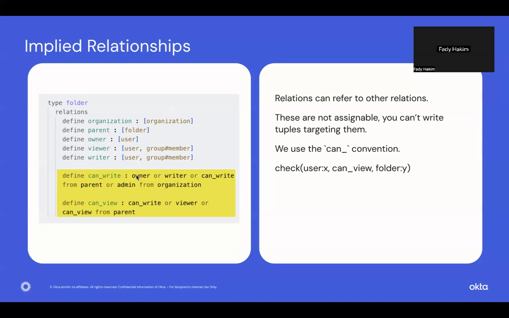It can be an owner or a writer, which is another object here. Okay, so that's usually the relationship that you'll be asking through your application, can write, and it always has to start with can write. Like if you didn't write it can write, you're not going to have an error, but that's the syntax that we encourage you to use. So this is the implied relationship that your application will be asking for.